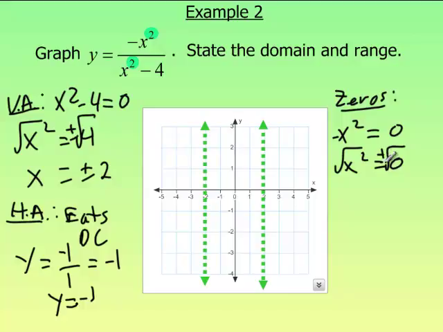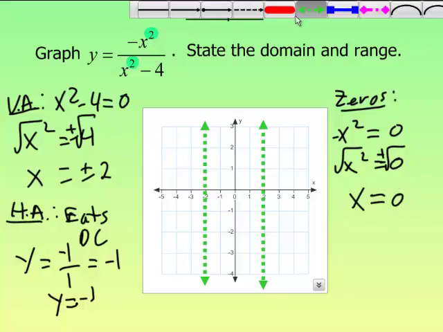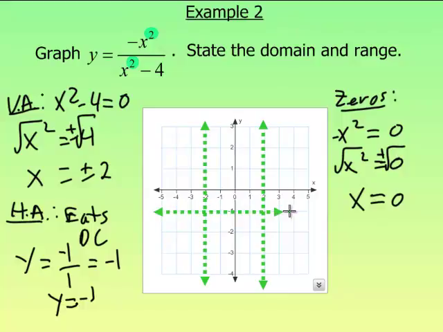Now I'm going to do plus or minus, though it technically doesn't matter because it's 0. So thus, x equals 0. So let me go ahead and draw those in. So a horizontal asymptote at -1, and x equals 0. So that's the one place where it's going to have an x-intercept.